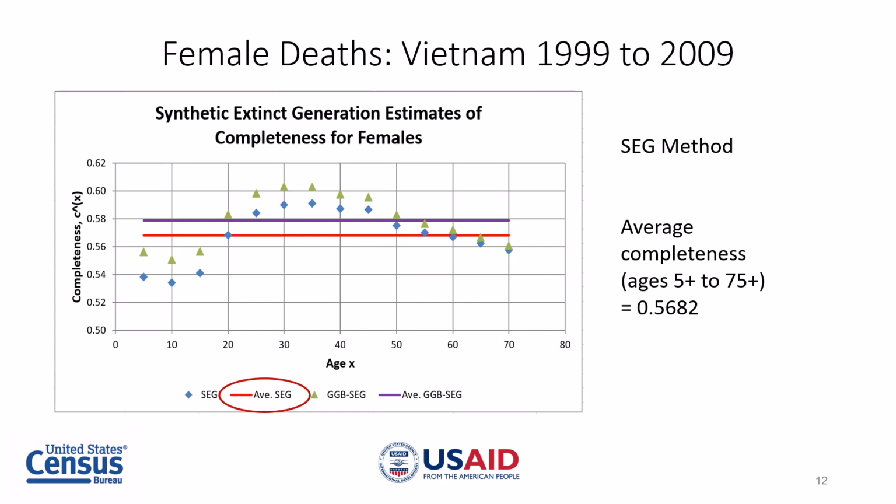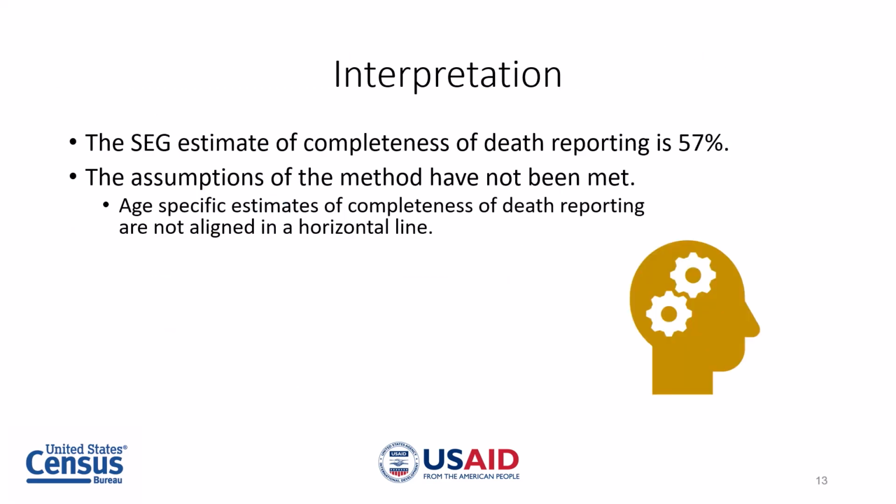Ideally, the blue markers should align on the red horizontal line. In this case, the average rate of completeness is 57%. However, the assumptions have not been met. Age-specific estimates of the completeness of death reporting are not uniform by age or aligned to the horizontal line.